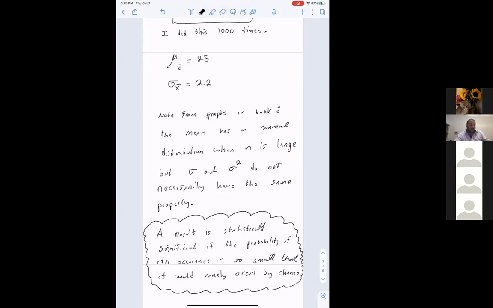So if something is so rare and it occurred nevertheless, we say it is a statistically significant result.